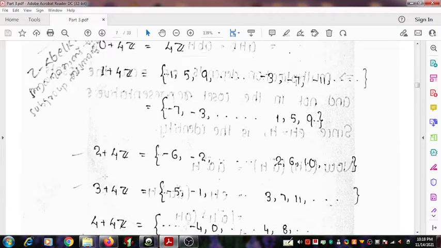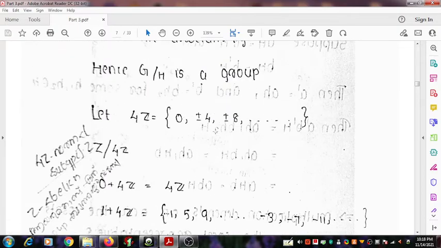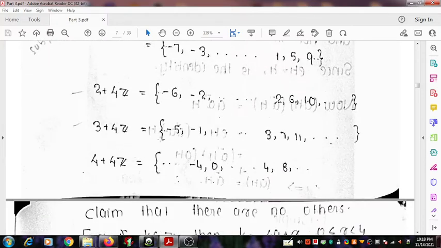How do we get these elements? By adding 3 to all elements present in 4Z. We get the elements in this whole set: minus 5, minus 1, etc., then 3, 7, 11, etc.